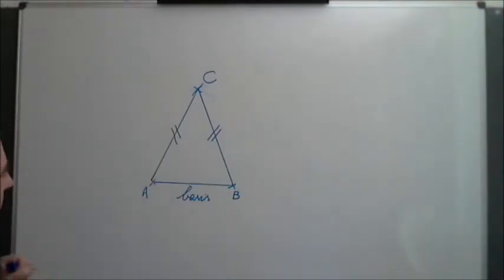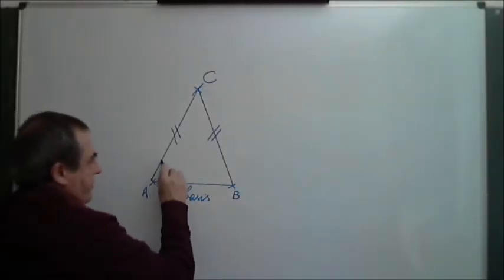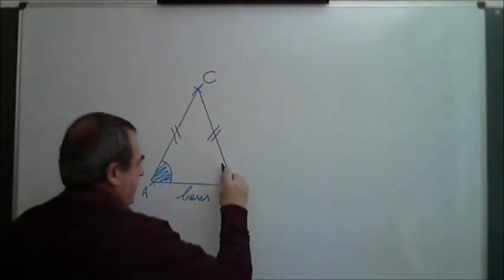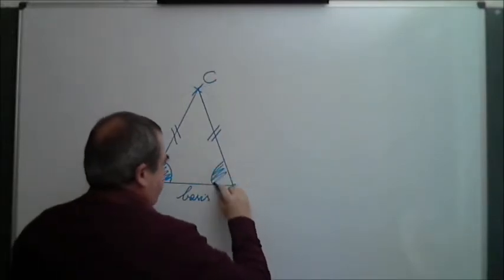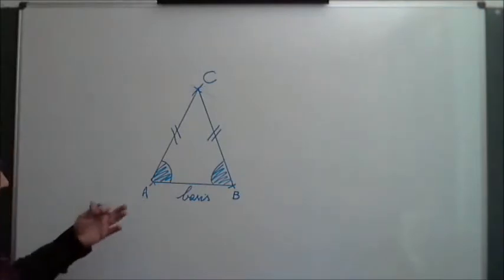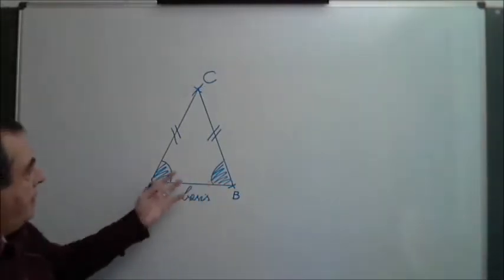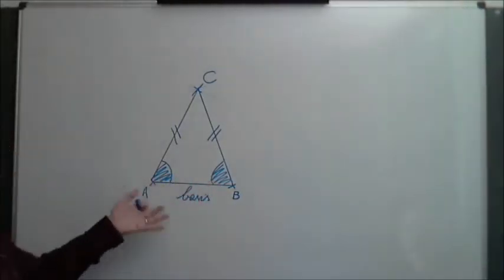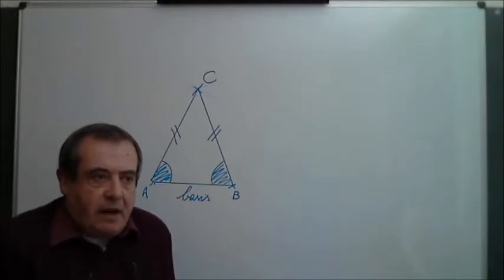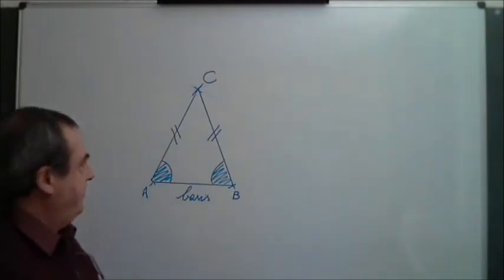First property, you can observe that the two angles on both sides of the basis, we can call them the basis angles, are congruent. They have the same measure.